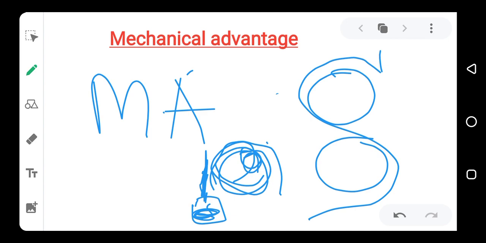Then in wheel and axle, like we have in the wheel of a car. If you are in an area where they use borehole a lot, some people use the wheel and axle machine to draw water from their well.